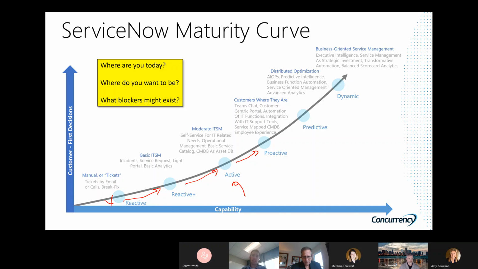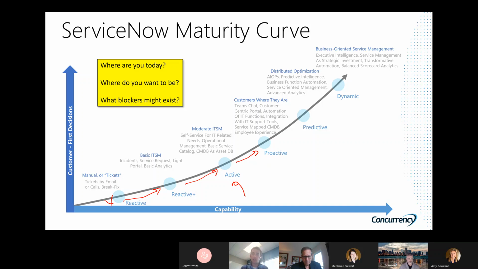That can all be handled via automation. Perhaps also integration with existing support tools, such as an Azure DevOps or a Jira board, where that starts to get fit in. Service management CMDBs that are based around the delivery of a service and how the customer is interacting with that service, maybe even an external customer, and then also the employee experience. There's a lot that can happen in this particular box, that customer experience, customers where they're at zone.